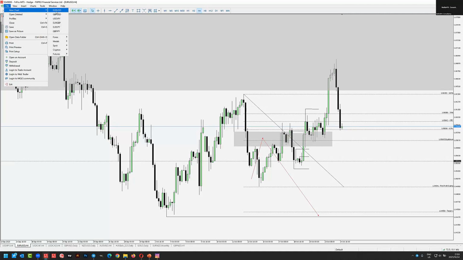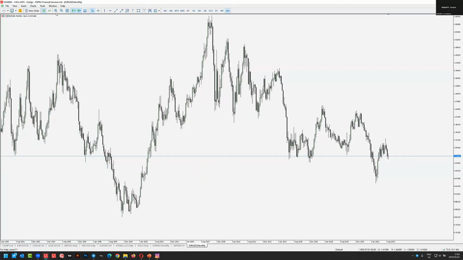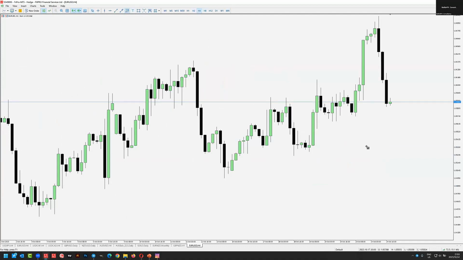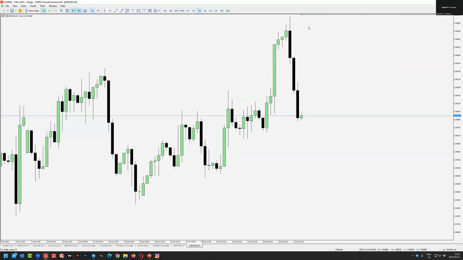You've got the default fib tools. It does not matter. I want you to place your fibs on Euro USD like this.